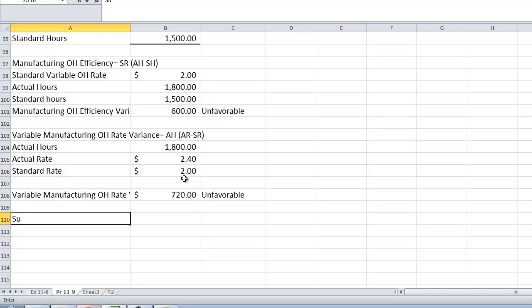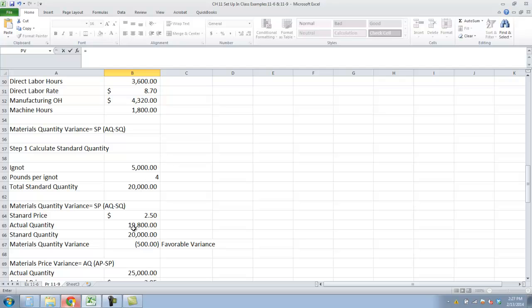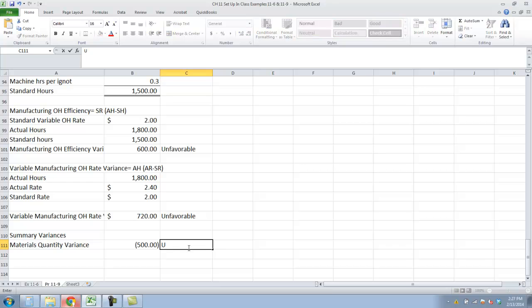So let's summarize the variances. We have a materials quantity variance equals, let's go up here, $500, and this was favorable.